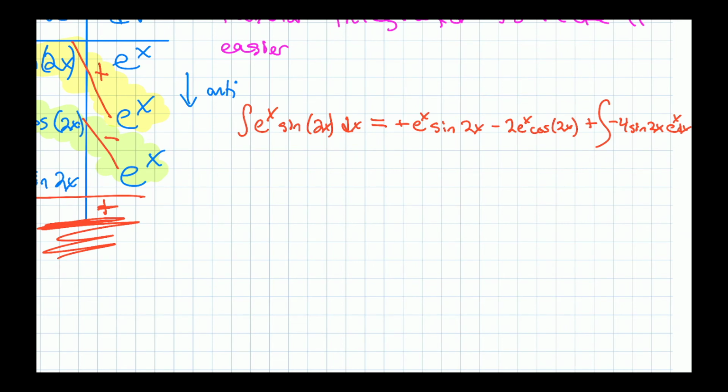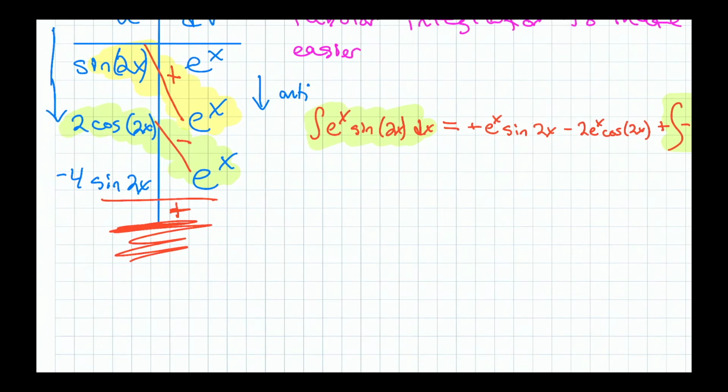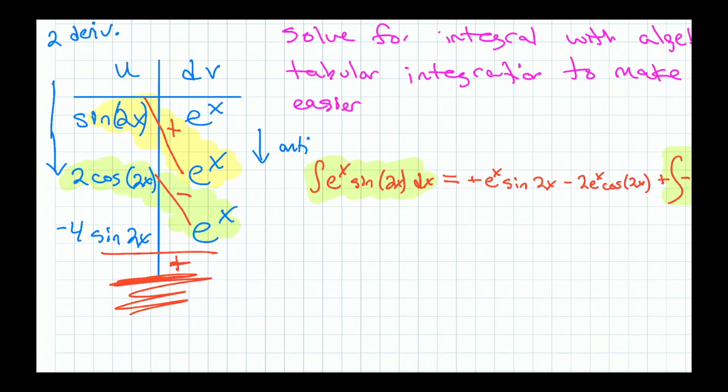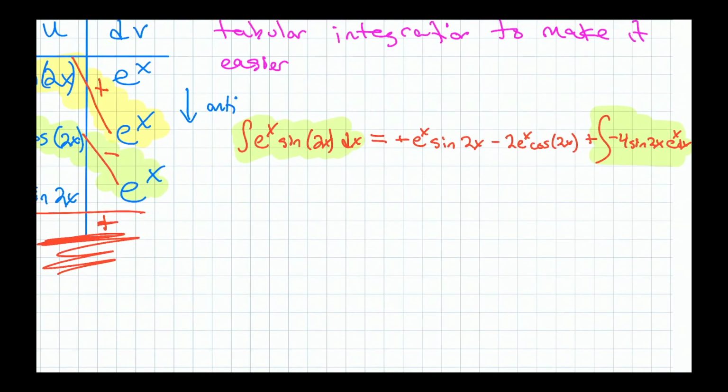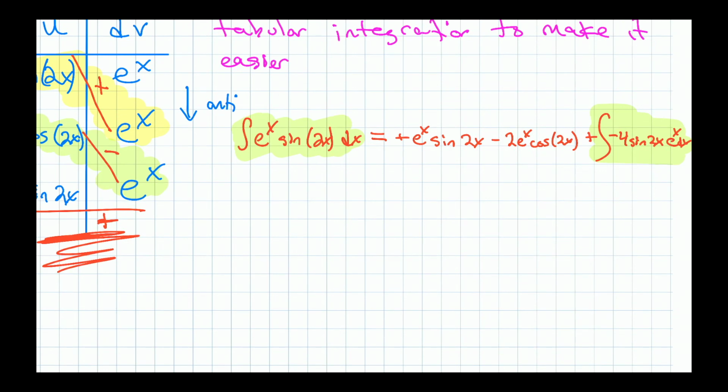All right, now what happened though here is the same thing as in the previous problem. This integral is the same as this integral. And that's why we did this twice, because 2 times will make that happen. Okay, so if we're going to solve for it with algebra, we're going to take this and add 4 integral sine 2x e to the x dx.